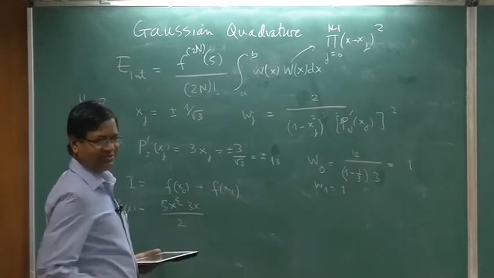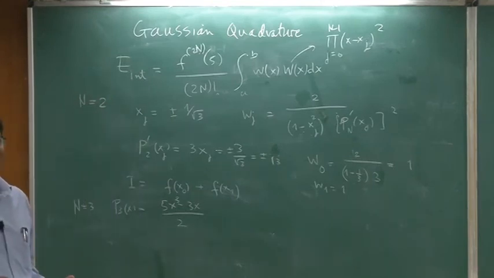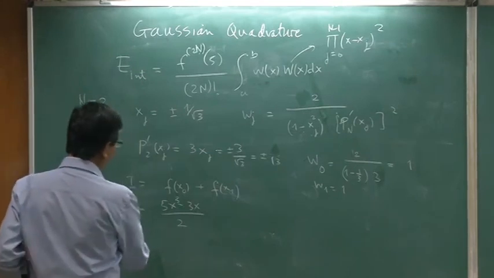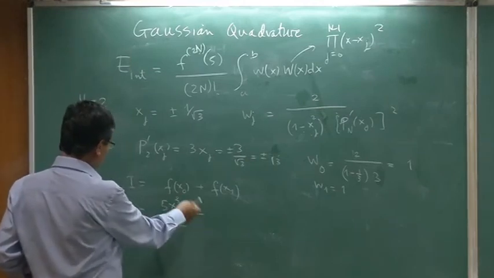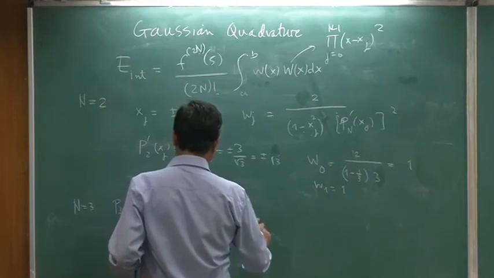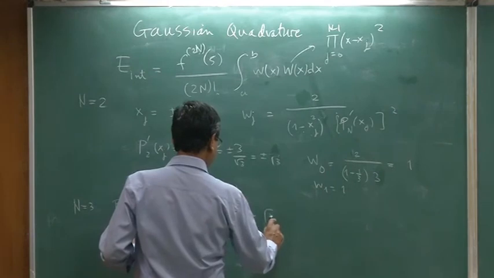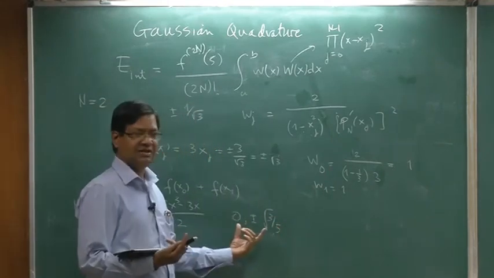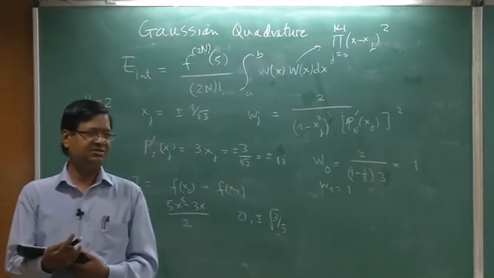I will not go through the derivation. In fact this can be done by hand, so some of it you should do by hand. You can compute the derivative of this one. What are the roots? There should be 3 roots: 0 and plus minus root 3 by 5. So I should compute the functions at these values, that is it. You do not need to compute elsewhere, just compute at these.